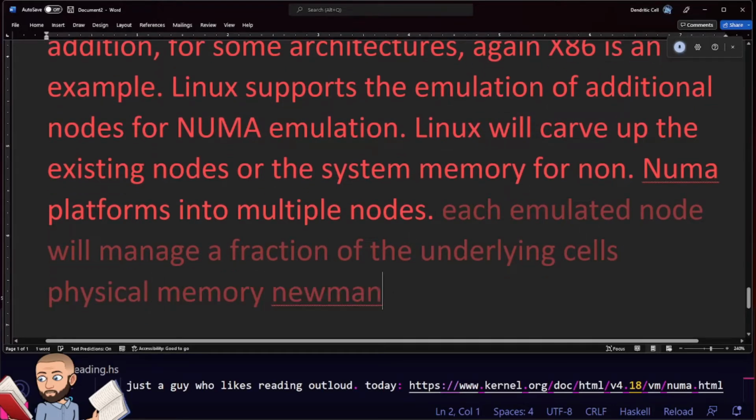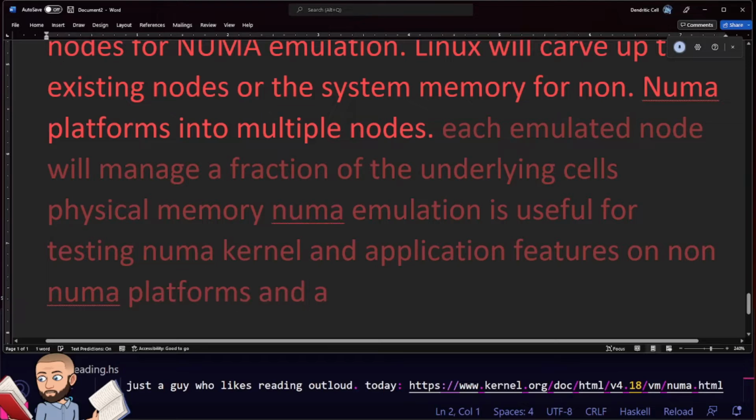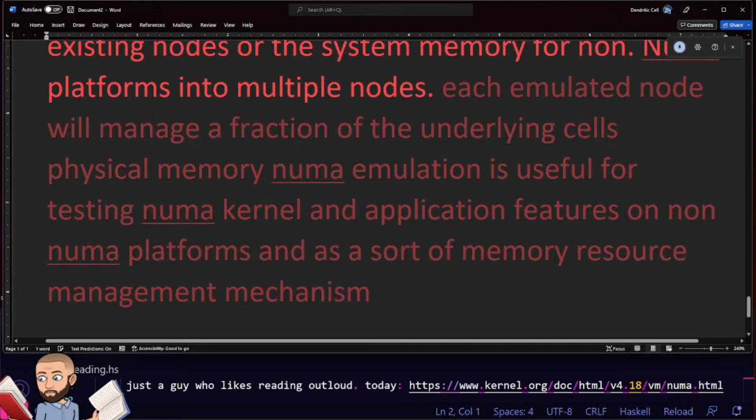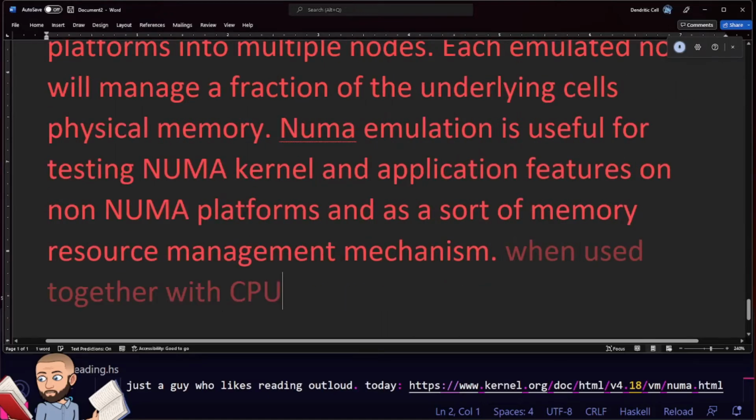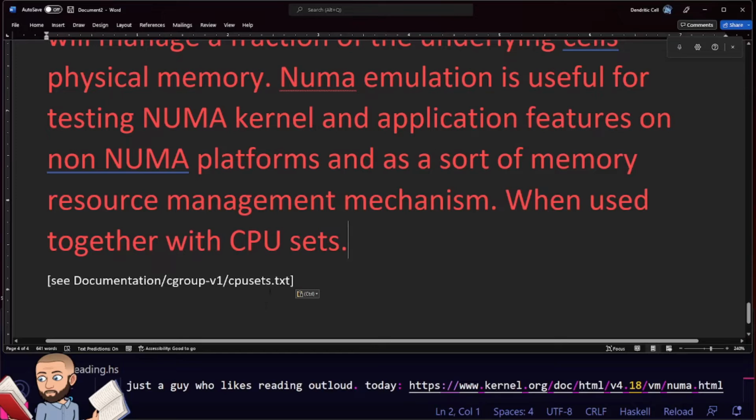NUMA emulation is useful for testing NUMA kernel and application features on non-NUMA platforms and as a sort of memory resource management mechanism when used together with CPU sets. And then in parentheses, they say Documentation, cgroup, and I put the text file name right here.